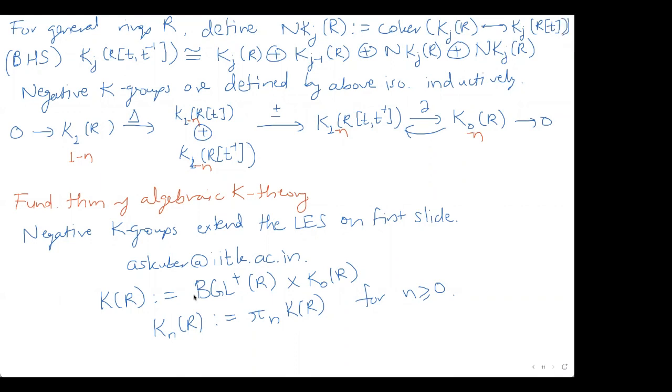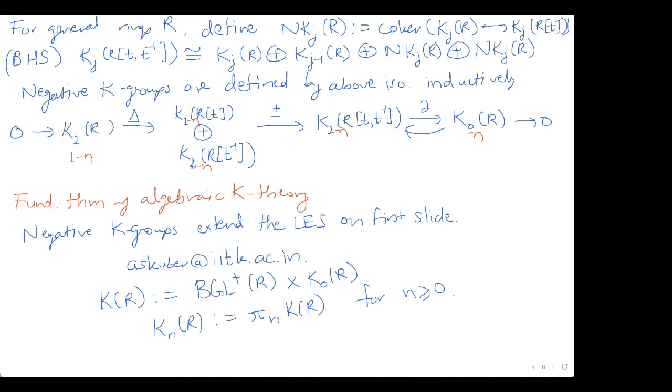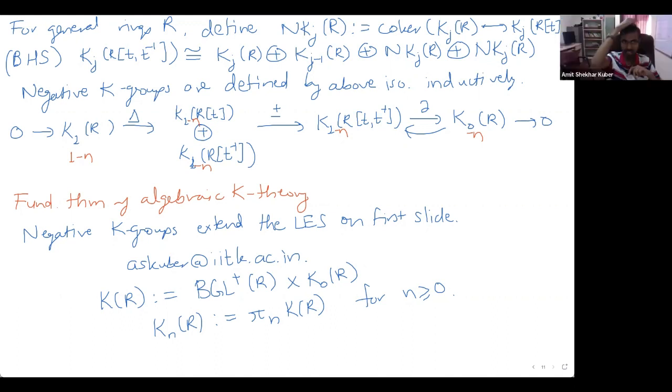My question was, is there an interpretation of negative K groups? Not in terms of this K space, as far as I know. Negative K groups are just defined by the fundamental theorem of algebraic K theory. Even topological K theory is defined using a similar construction, suspension, desuspension.